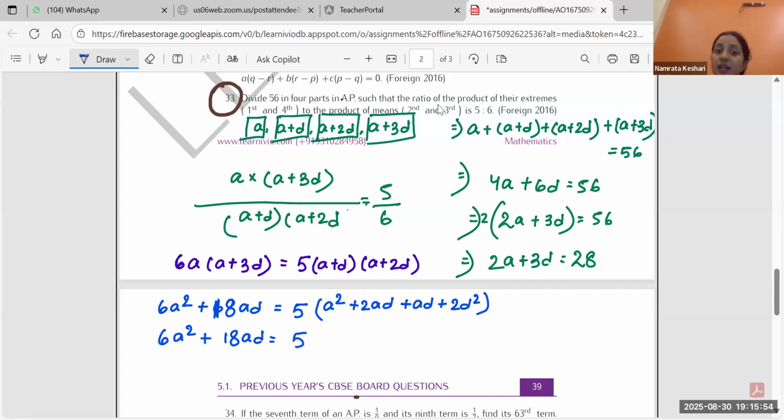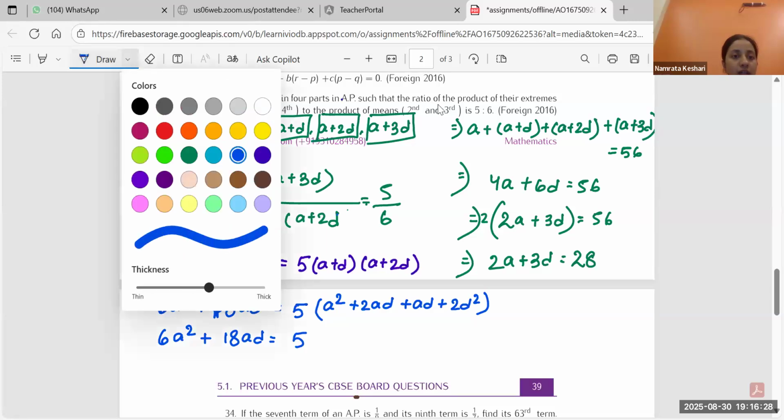Okay, so why am I solving like this? Because I want you to realize, if I had told you in the beginning of this solution that this is a special question where you need to take the consideration of a special AP, and this AP will not work over here, then you would not understand why I have not taken the standard form. Now you will understand why I am going to cross this all out and rub this all out. Why? Because can you see the equation which we are getting?